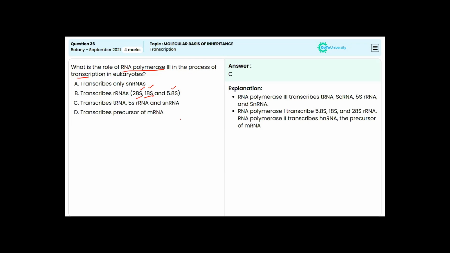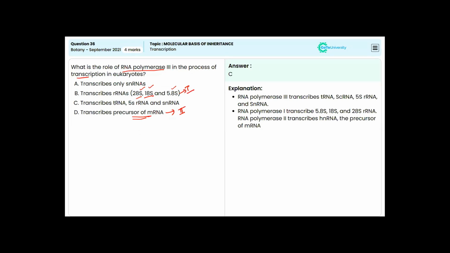And coming to RNA polymerase 2, they transcribe the hnRNA. Okay, that is a precursor of mRNA. So that is a precursor of mRNA. So this is done by RNA polymerase 2, and this is done by RNA polymerase 1.